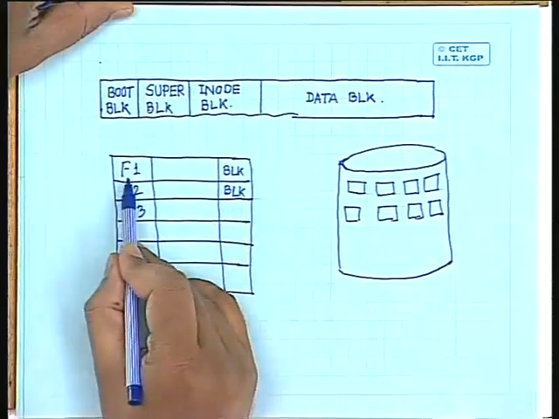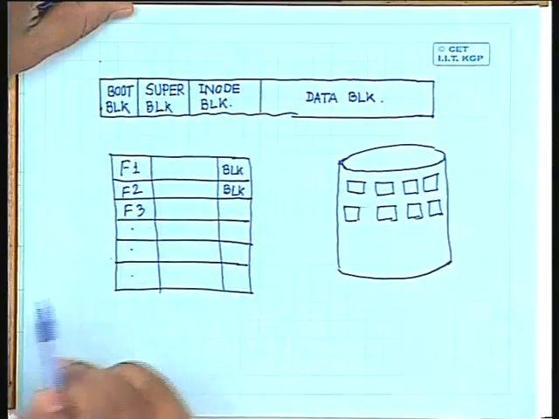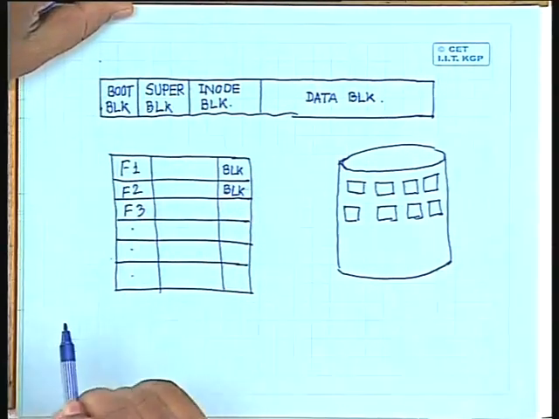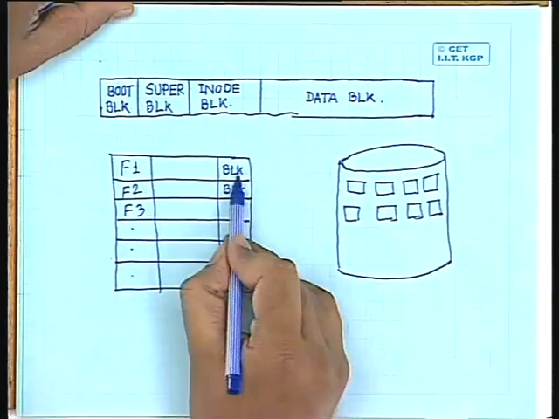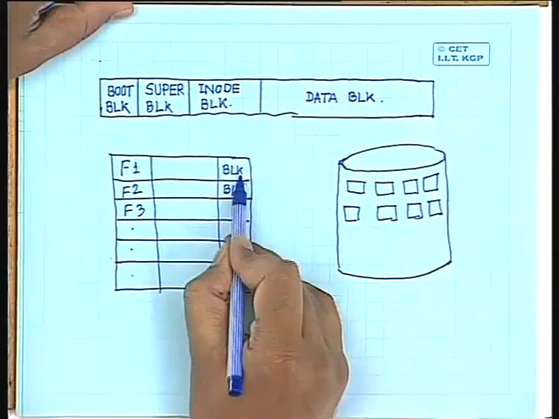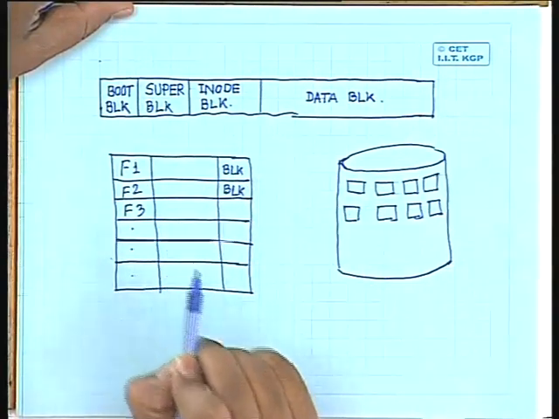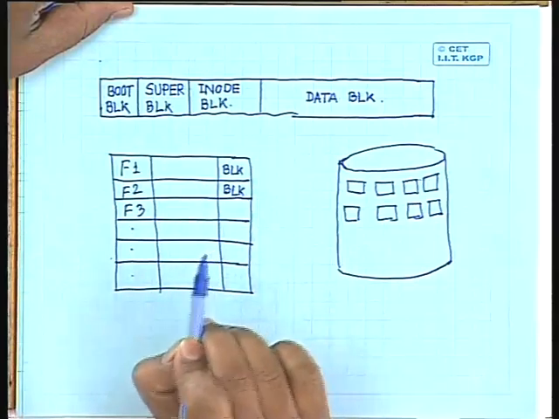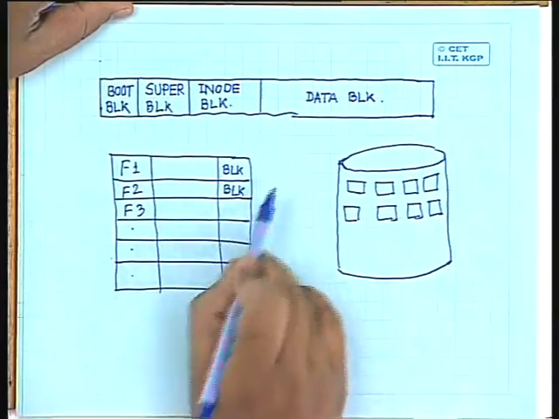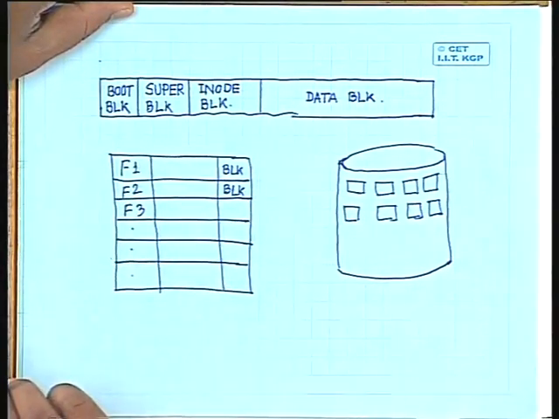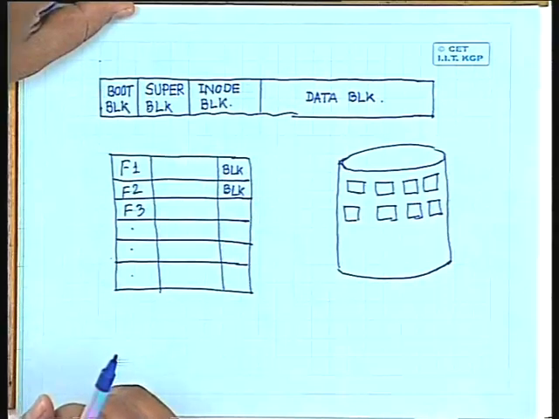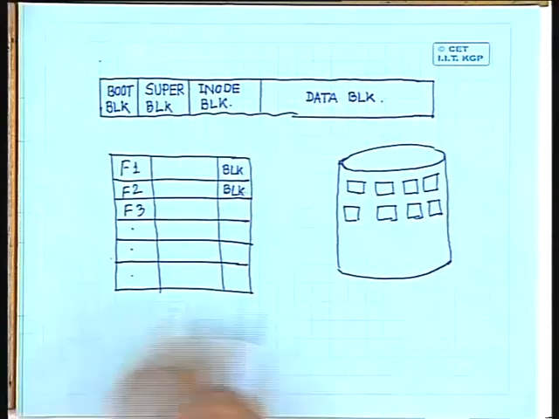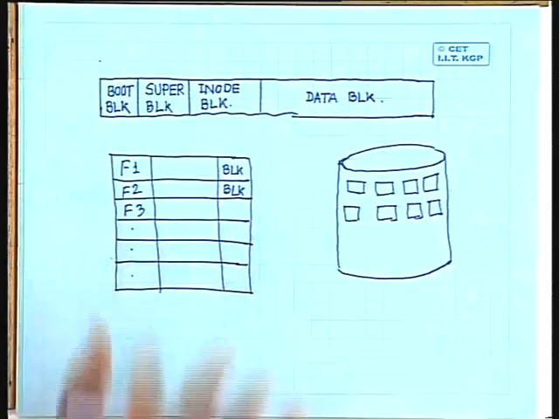That means if F1 needs 5 blocks to contain its data, then this block number gives the starting block number, and 5 consecutive blocks starting from that block number contain the data of file F1. So that can be one kind of allocation. And this is an allocation which is possible if I don't have any dynamic situation. That is, once I create a file, that will remain as it is.